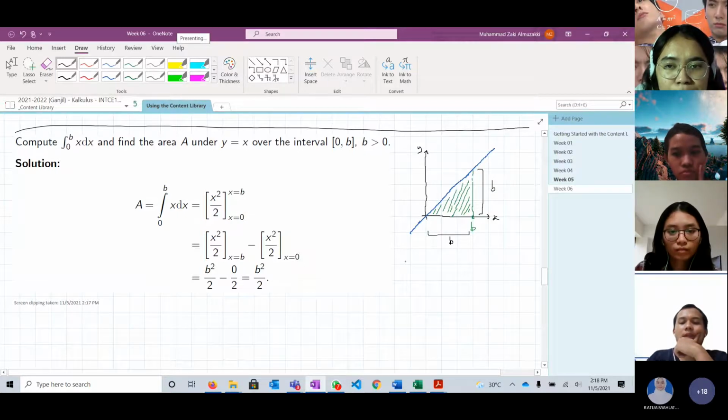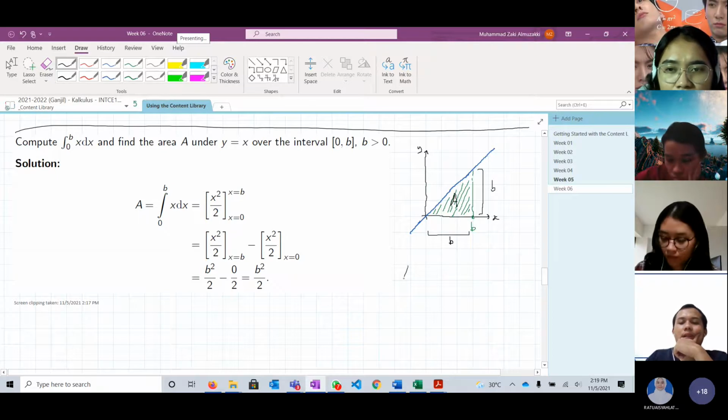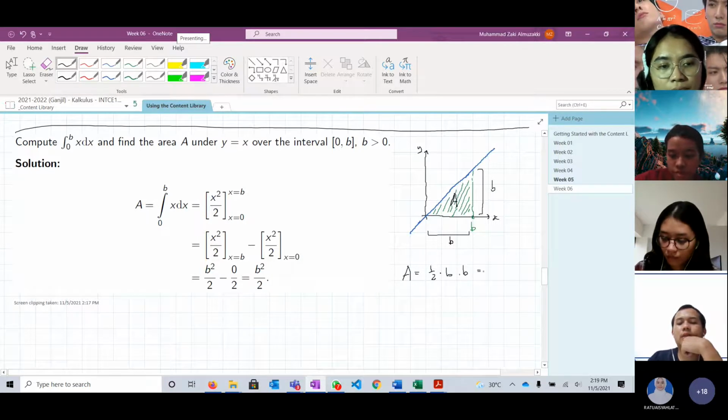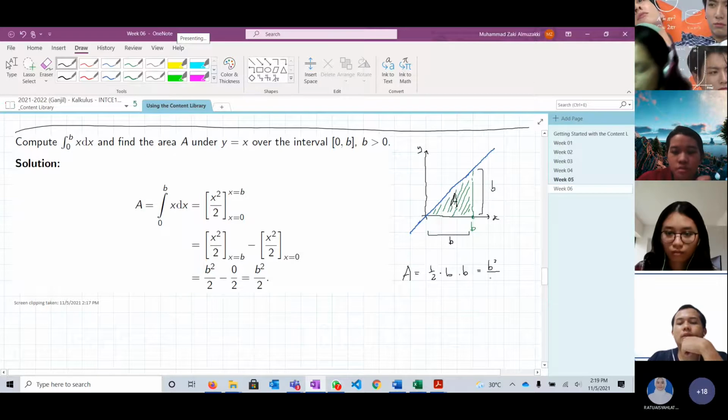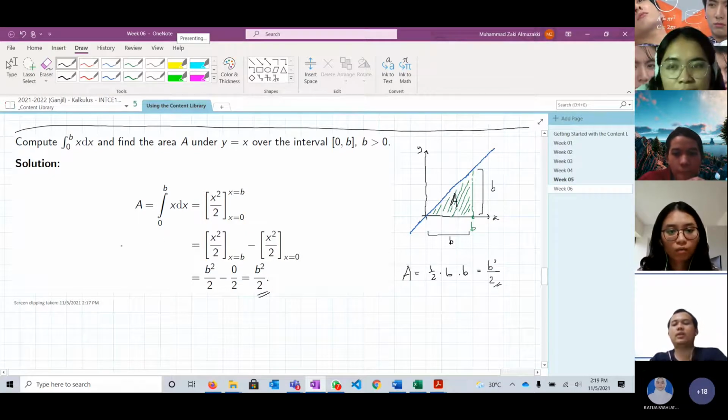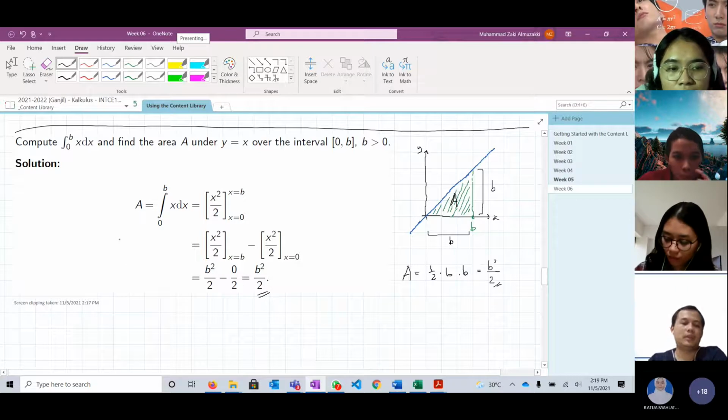Let's say here is the area A. With our knowledge from high school, the area is half times the base b times the height also b, so this is b squared over 2. You see that we have the same results from both the integration and our usual formula. Any question?